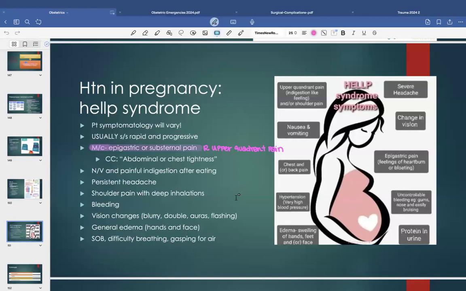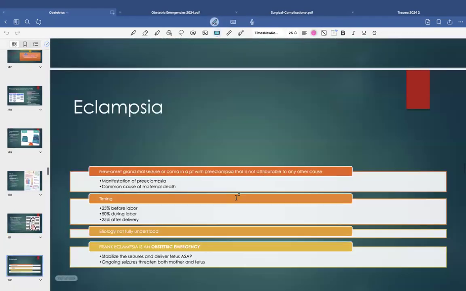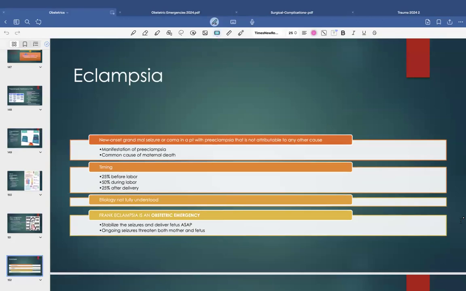Eclampsia. So we talked about the difference between preeclampsia and eclampsia. Eclampsia is new onset of grand mal seizures or coma in a patient with preeclampsia that is not attributable to any other cause. This is a common cause of maternal death. And we see it mostly during labor, 50% during labor, but it can happen before or after delivery.